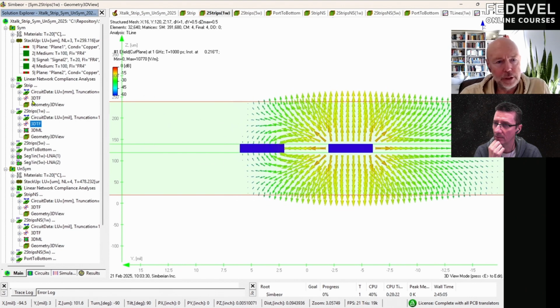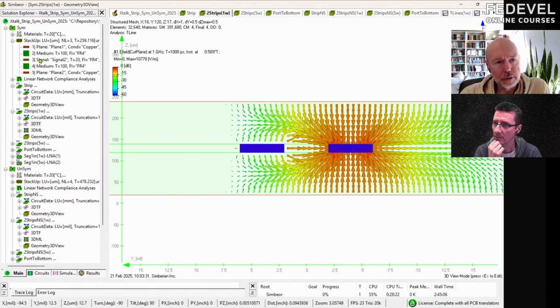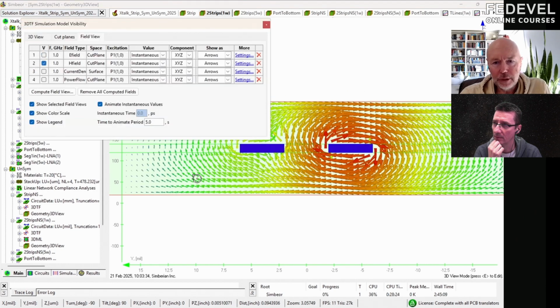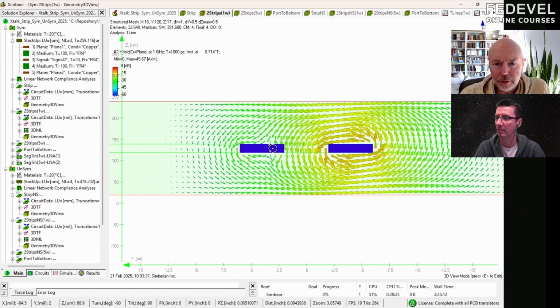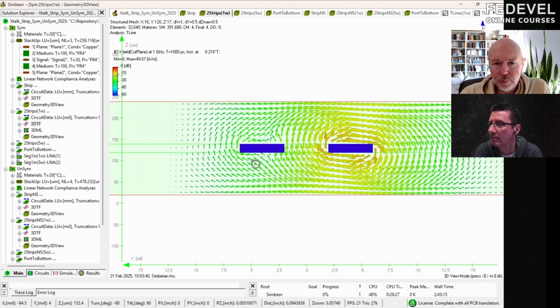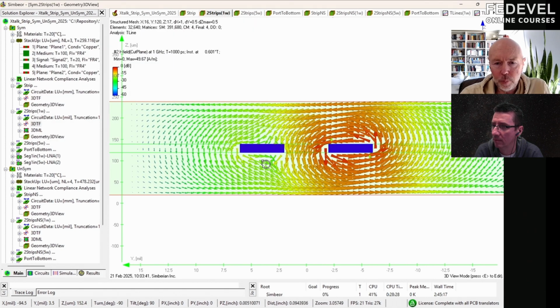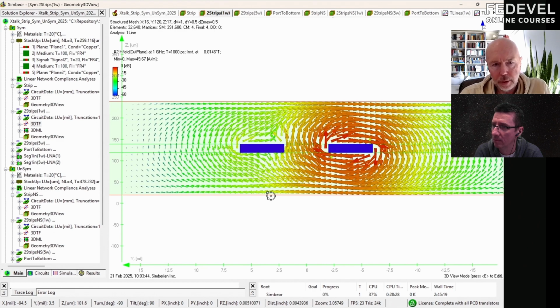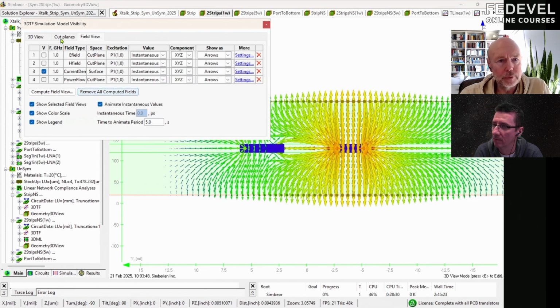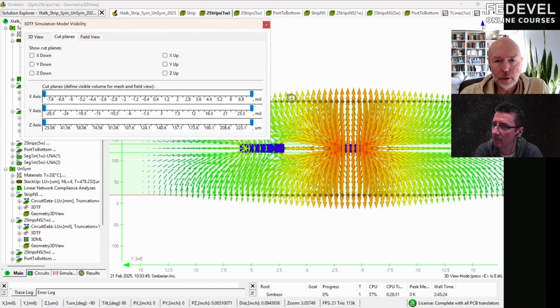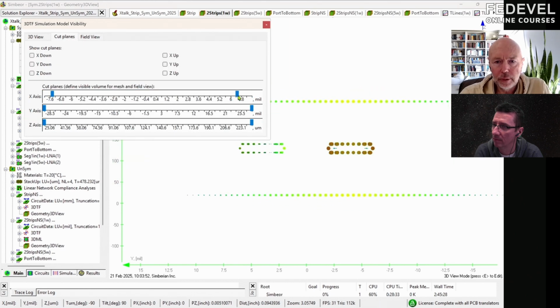And we're looking at magnetic field. Magnetic field, you can see it again goes in both directions, in opposite direction on both ends. As a result, we have currents that, again, I remove the currents on.